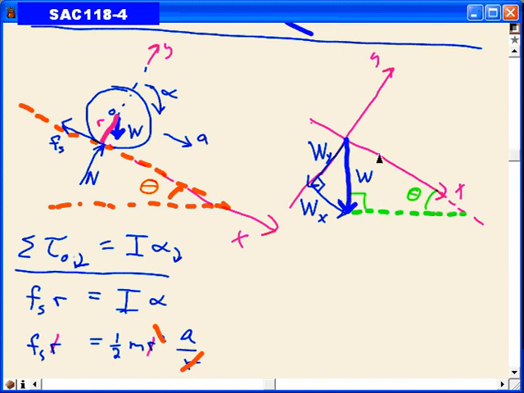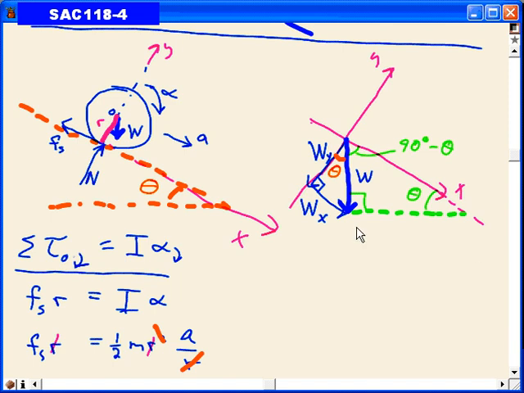From these two angles being equal to 90 degrees, the three interior angles of a triangle add up to 180, so if one of them's 90, the other two have to add up to 90, and so this angle has got to be 90 degrees minus theta, and that makes this angle right in here theta. That's theta. In that, this whole angle from here to here is 90 degrees by inspection because it's the angle between the y-axis and the x-axis there.